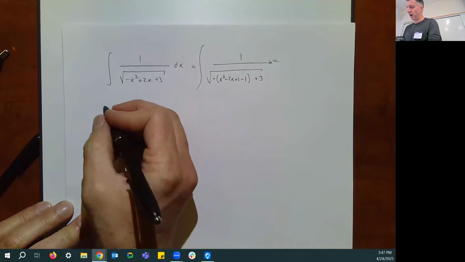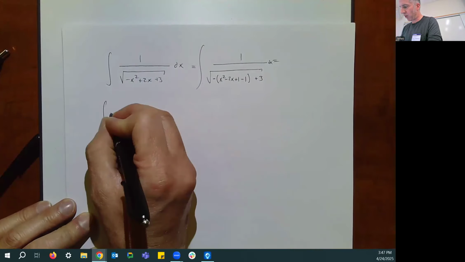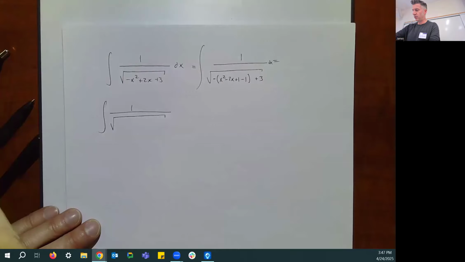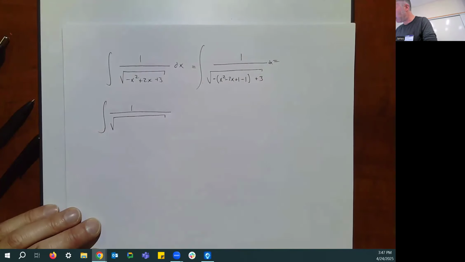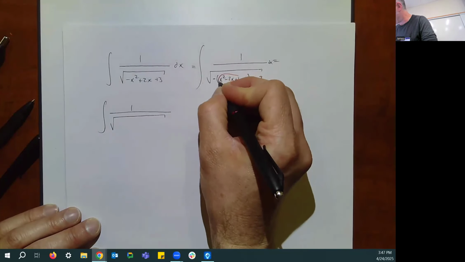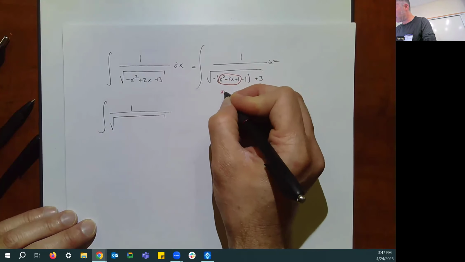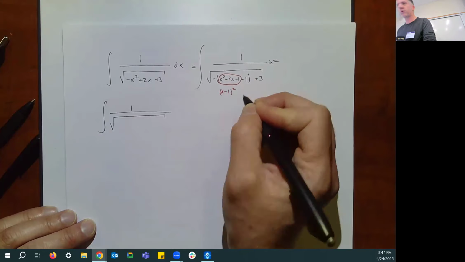So look what we've got now. It's the integral of 1 over the square root of, check this out. I don't really want that minus 1 in there. I just want this part, because the x squared minus 2x plus 1 is equal to x minus 1 squared.